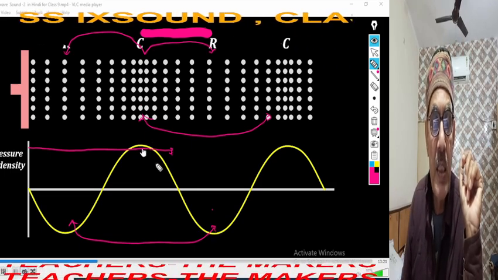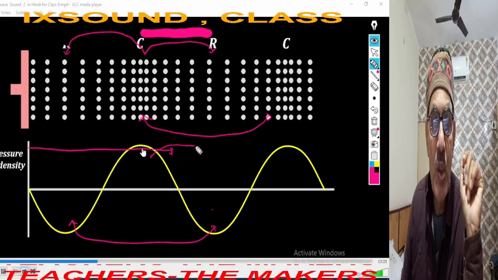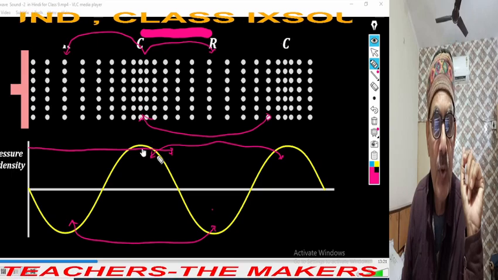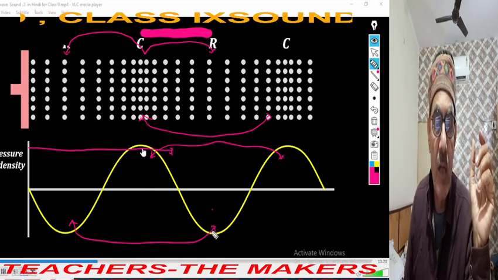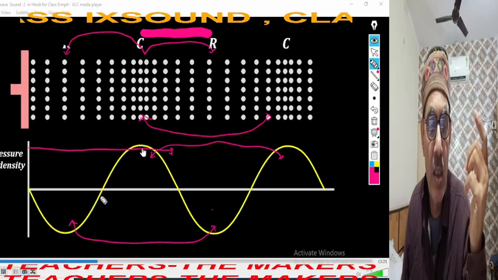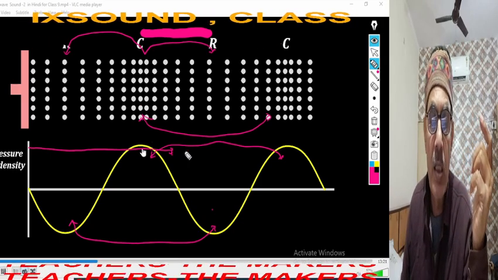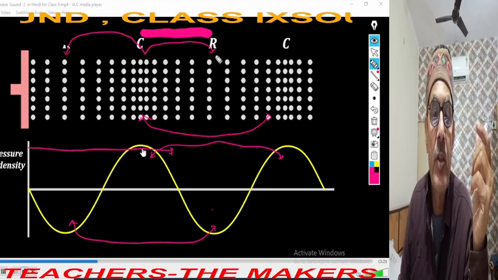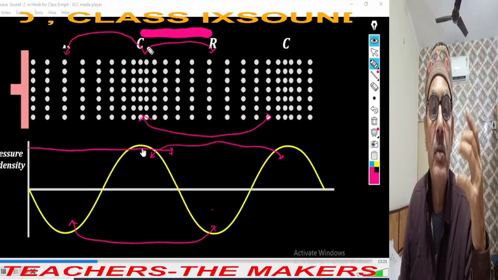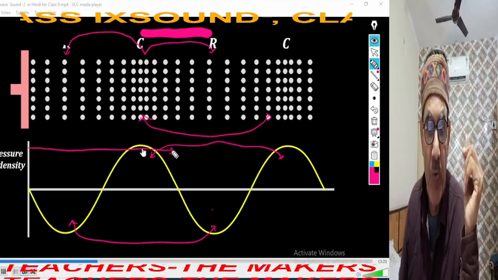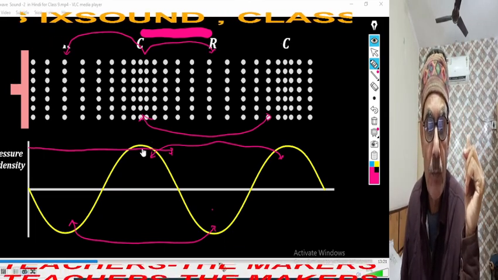Or the distance between two consecutive crests. We have to use consecutive troughs and consecutive crests, or two consecutive rarefactions or two consecutive compressions, called the wavelength. Okay.